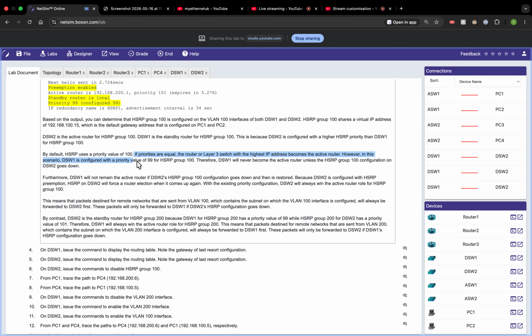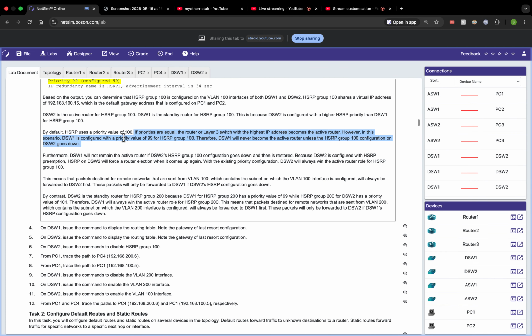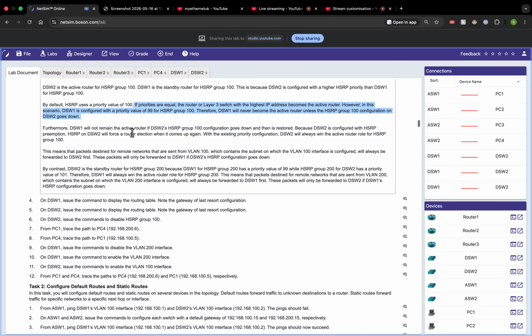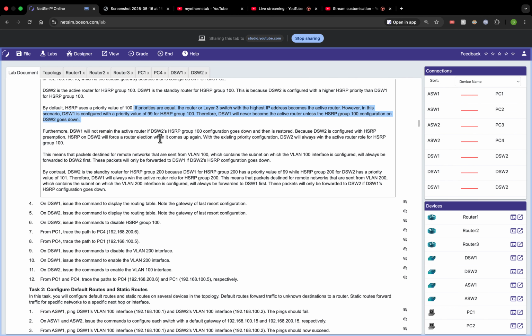Yeah, virtual IP address there. Yeah, standby router is 100.1, priority 99. Active router is local. Active router is 100.2. So 100.2, 100.1.